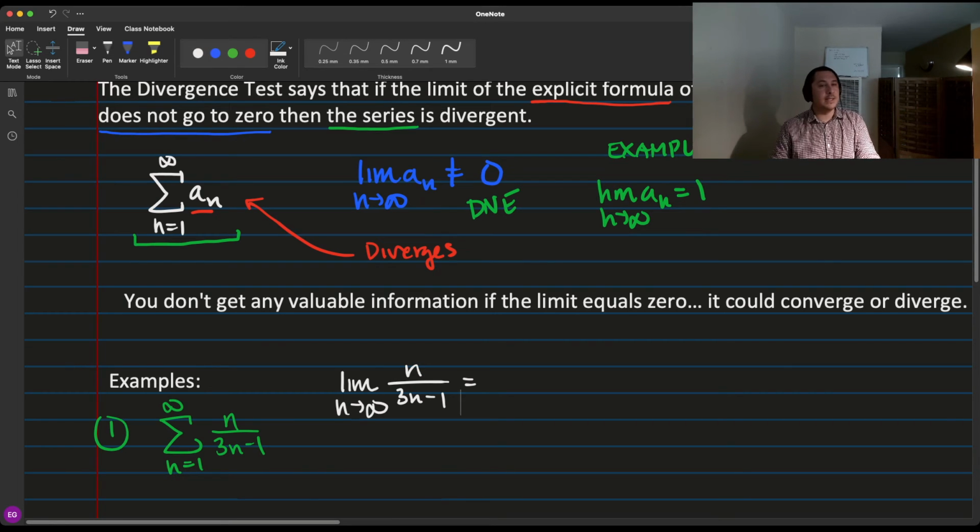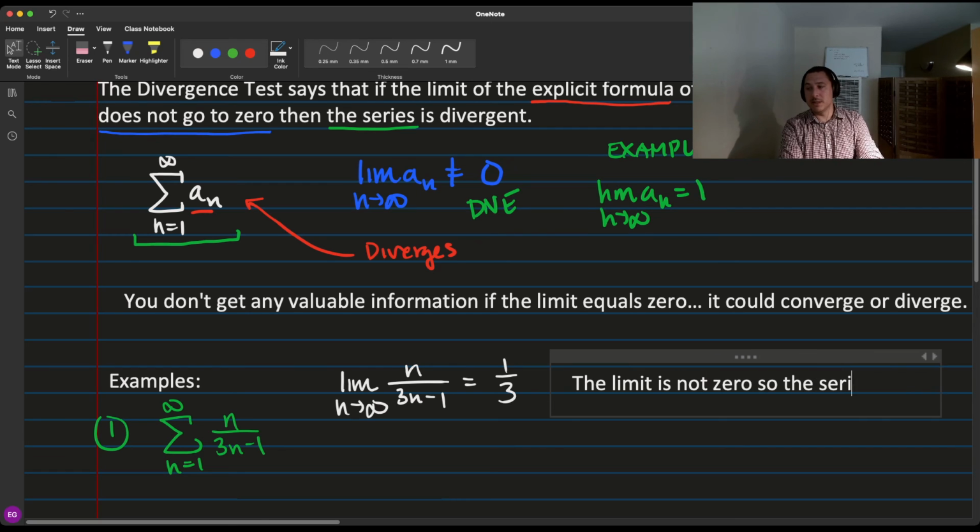Because this is an infinite limit and it's a rational function, and the power on top is 1 and the power on bottom is 1, you could just take the ratio of their coefficients, right? So you get 1/3. You're like, oh, the limit is not 0, so the series diverges.